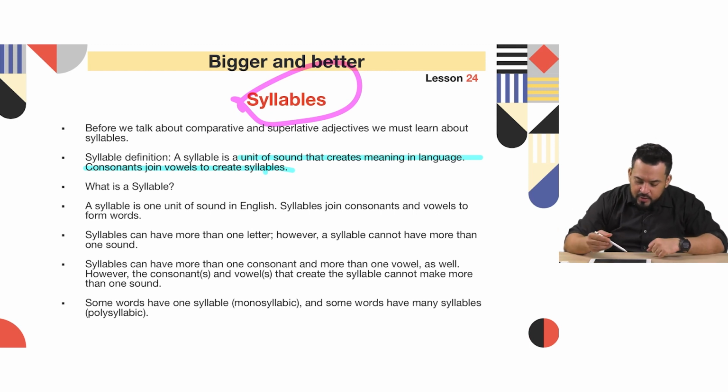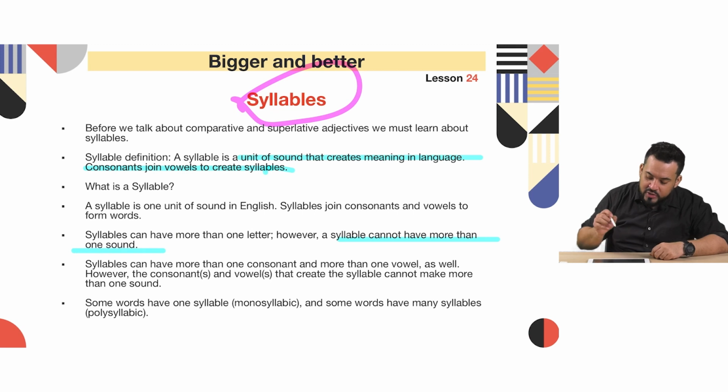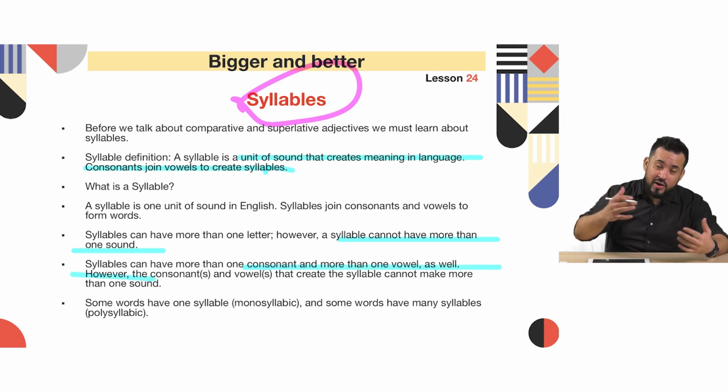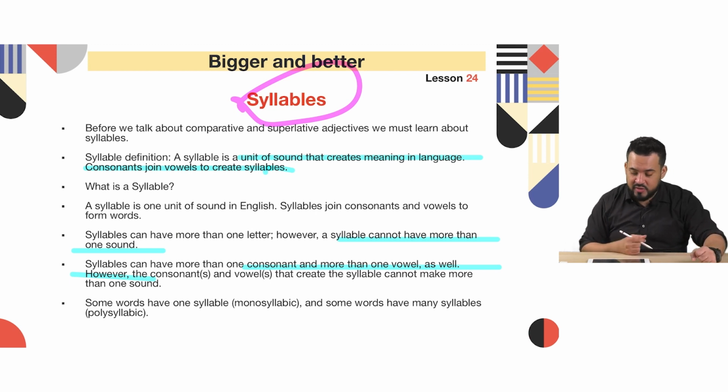All right, let's take a look here at today's lesson. Syllables cannot have more than one sound. So if you have one syllable, that means it has one sound. Syllables can have more than one consonant and more than one vowel as well. So a word can have more than one consonant and one vowel and could still be one syllable, or it could be more.